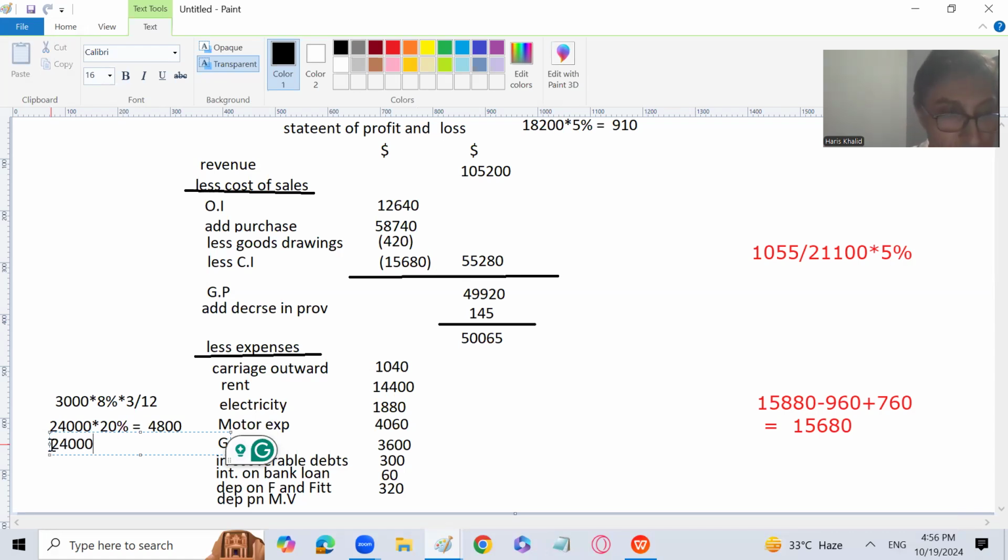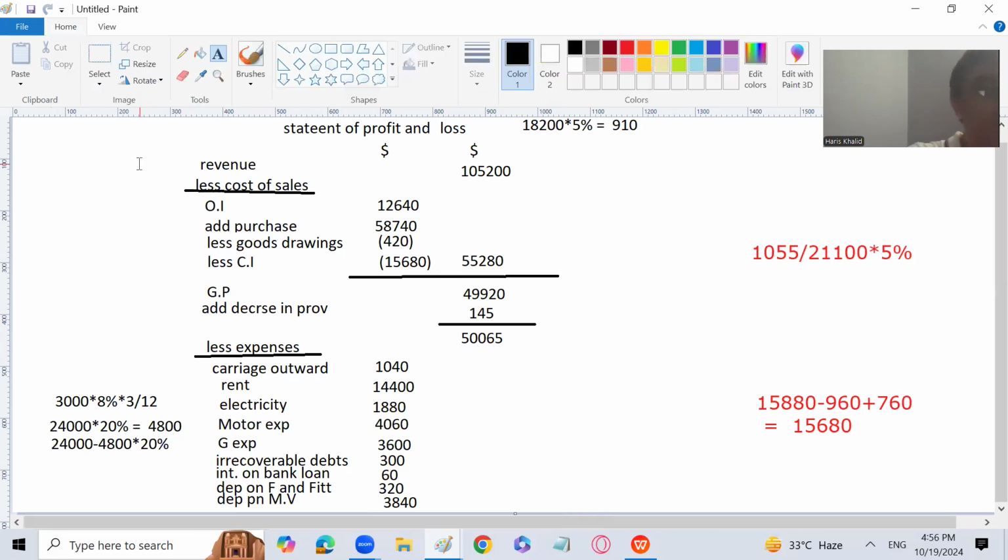So 24,000 minus 4,800, because the method is reducing balance method, and then I am going to calculate 20% to calculate the depreciation for the current year. So minus 4,800 into 0.2, that is 3,840. So let me write it down, 3,840.